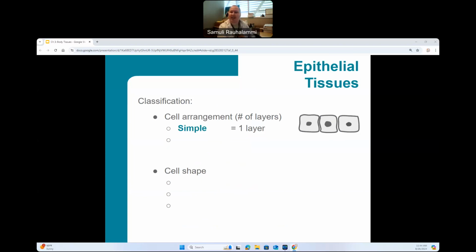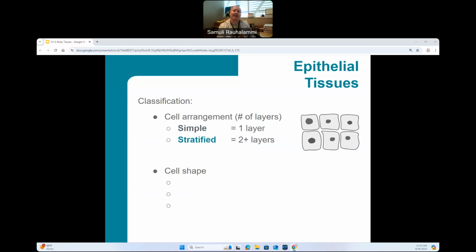So we're seeing again the idea that form and function are complementary to each other. What comes with these simple epithelial tissues, though, having just one layer, is that they're not particularly good for protective functions when it comes to protecting the subsequent layers underneath.